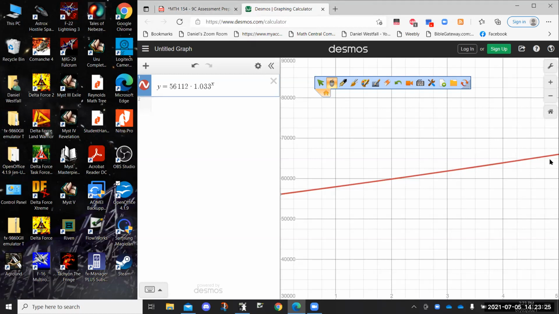So we're seeing a change of, what was this, a 52,000-something up to, so this is not quite 70,000.